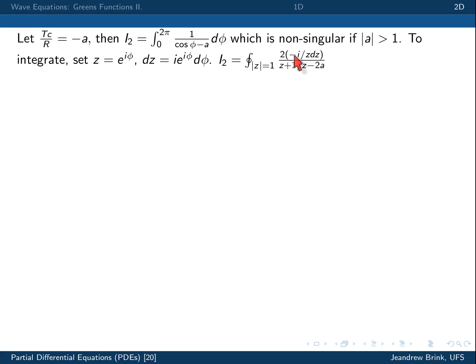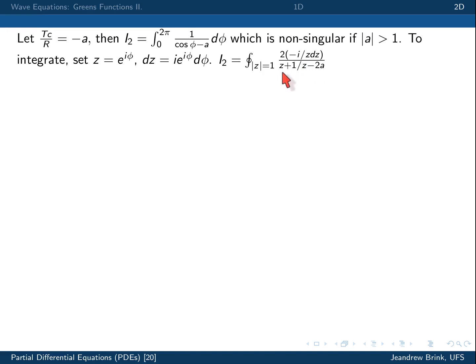Okay, and so that's the minus i when we bring it above, and this is just 1 over z. Okay, so that's where that term comes from. I'm going to rewrite cos as e to the i phi over 2, so there's a factor of 2, plus e to the minus i phi over 2, okay, minus a, so putting the 2 above, it will be minus 2a, and here's e to the i phi plus e to the minus i phi.